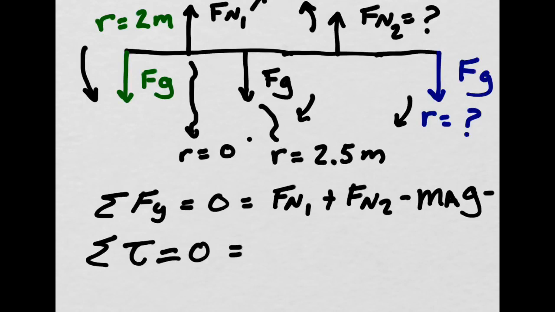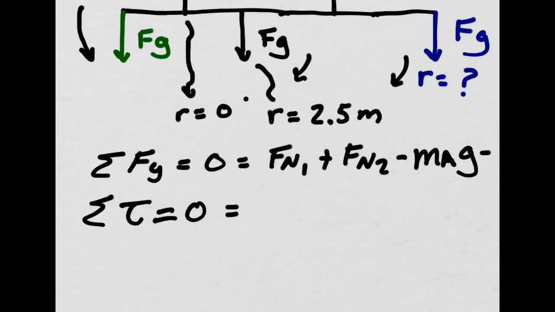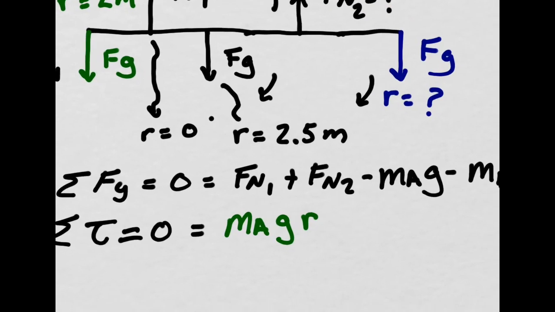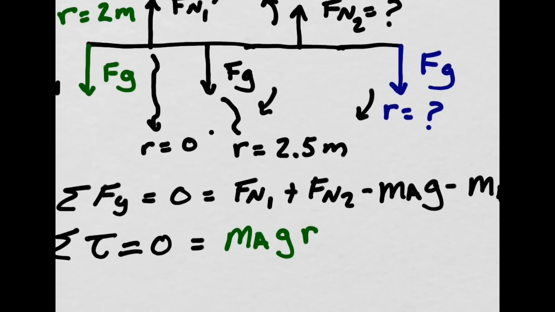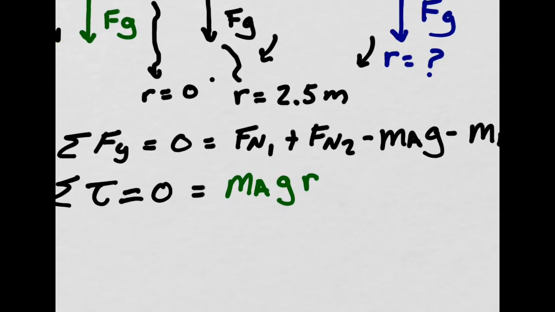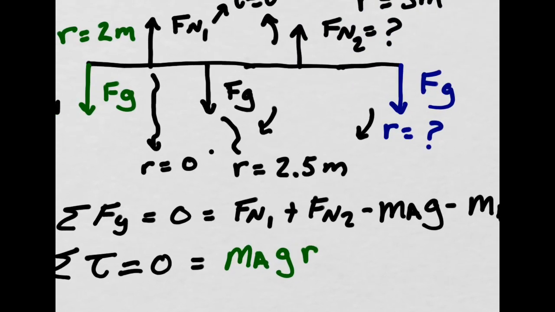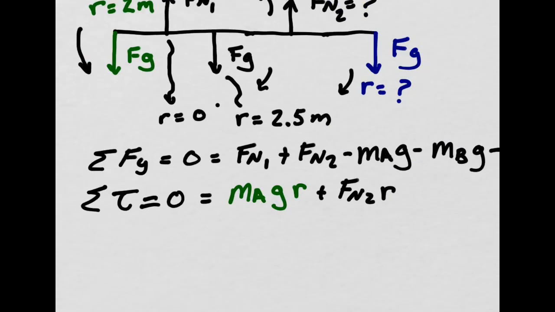So let's use our colors. We're going to say Ma g times the green R, that's positive. Our other positive one is Fn2 times that R, which is 3. Those are positive. And remember, the phi's for our sine are all 90, so they go away, which is great because we don't want angles in this.